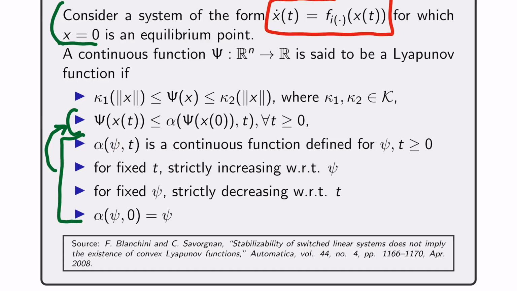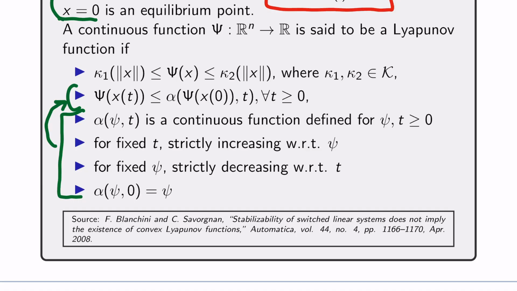I'm guessing these properties are reminding you of something. And another thing: for all first arguments, when the second argument is 0, the output of this function must be equal to the first argument. So I am assuming it is either KL or some special type of KL.